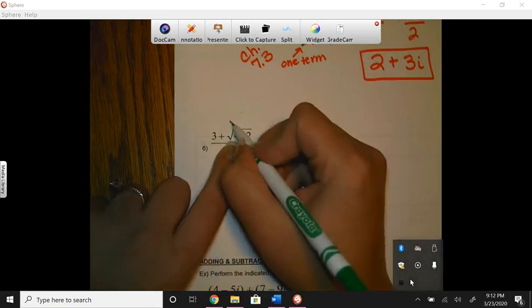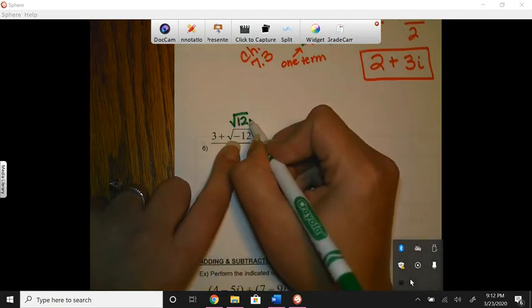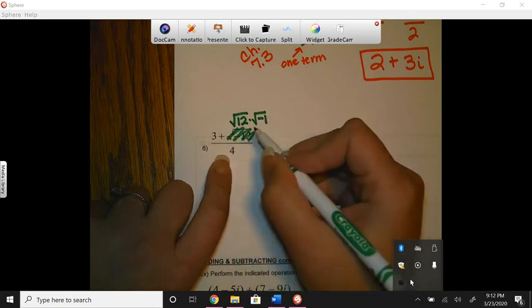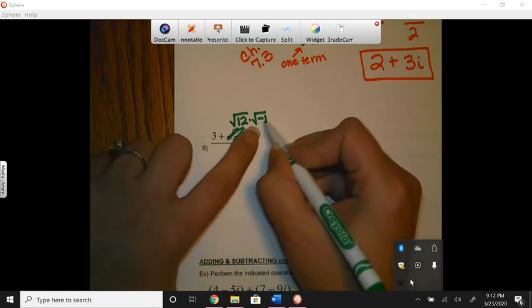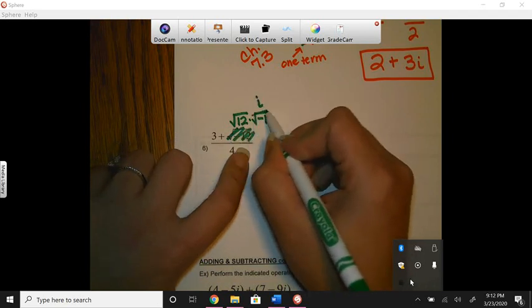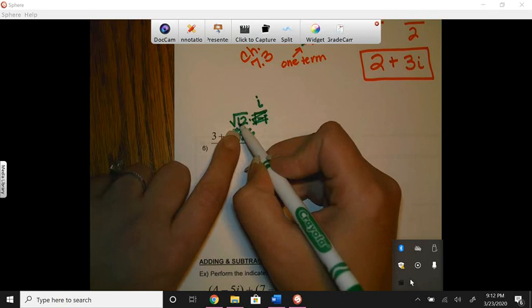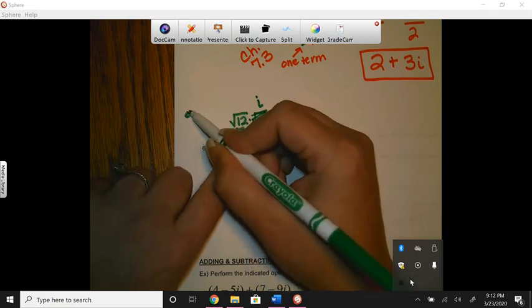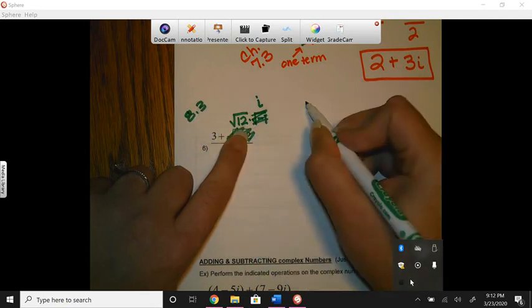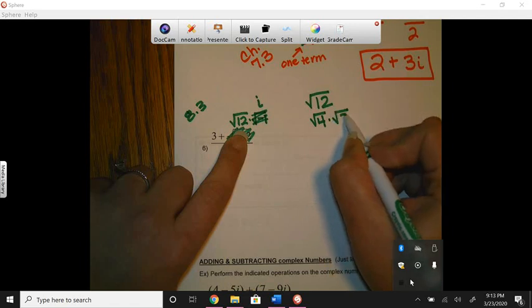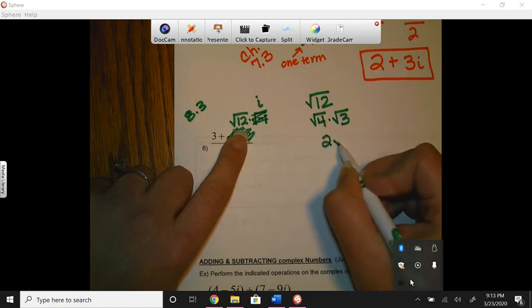So again, we could split this up into square root of 12 times the square root of negative 1 instead. And then the square root of negative 1, we can replace it with i. And then the square root of 12, we would simplify just like we learned again in section 8.3. So the square root of 12 can be written as square root of 4 times square root of 3, and the square root of 4 is 2.